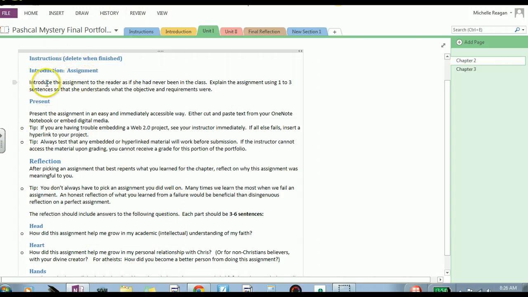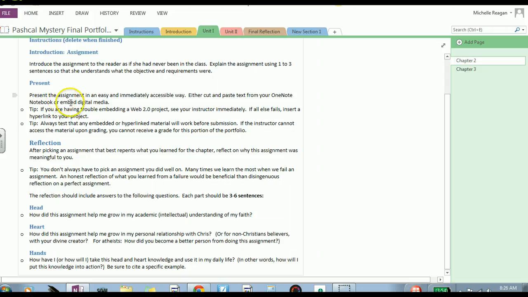First you introduce the assignment. Explain the assignment using 1 to 3 sentences so we understand what it was about. Next you present the assignment. For example, for chapter 2, if you wanted to put your study guide in here, copy and paste it and present your study guide.